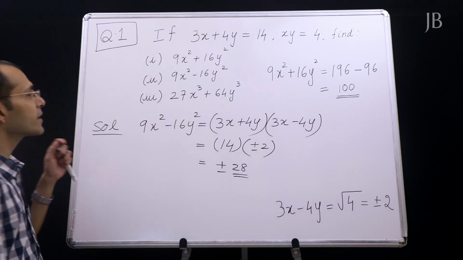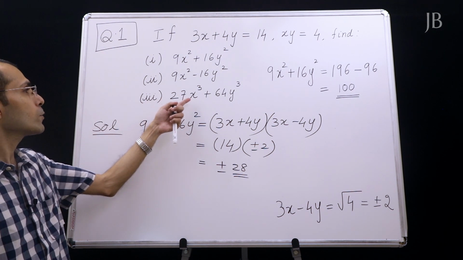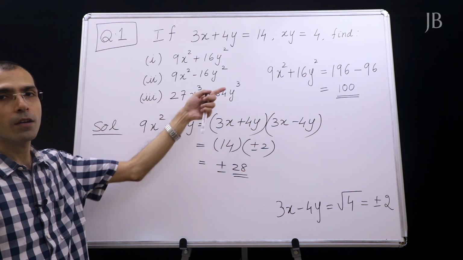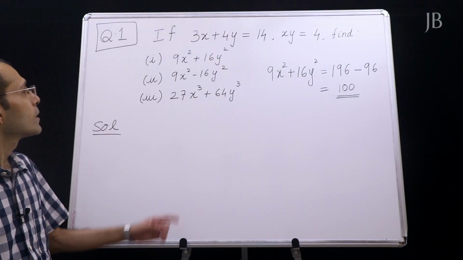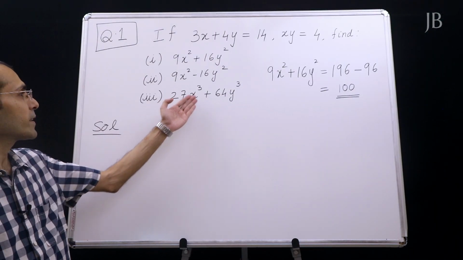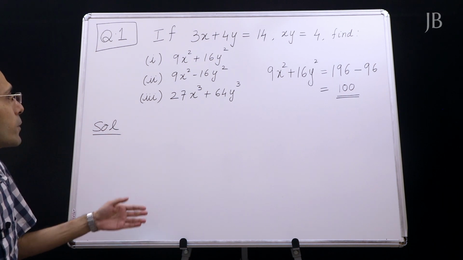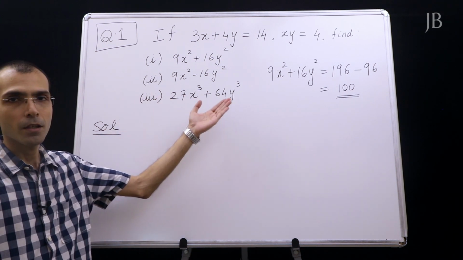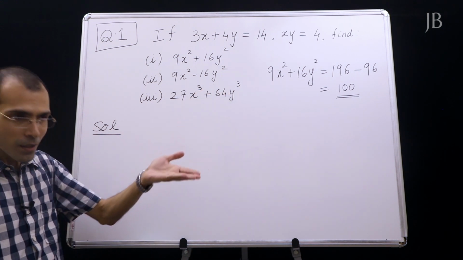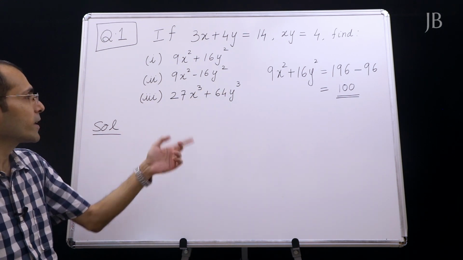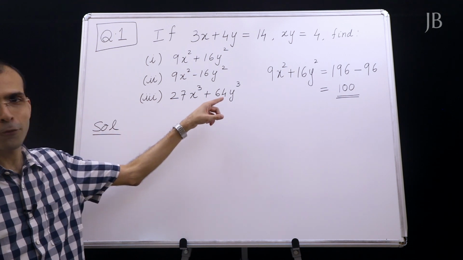Now what is remaining is 27x cube plus 64y cube. We have to now find out 27x cube plus 64y cube. Now see, look at the base term. To get 27x cube plus 64y cube, which is the base term which you require? 3x plus 4y.